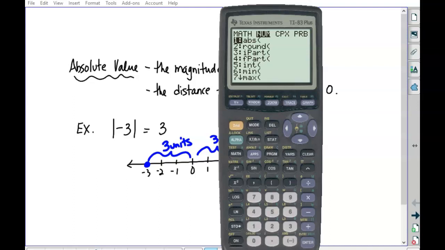Newer versions of the calculator actually show the vertical lines because there's more height in your actual line. In older versions, it says ABS, -3, close the brackets, enter. Okay? So it doesn't matter which version. You can still do it.